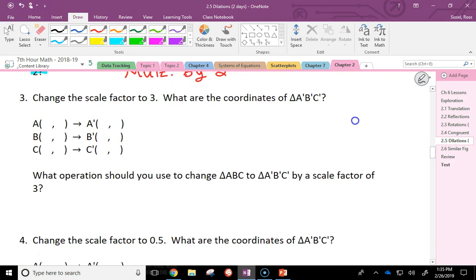So if I look at number 3, to be honest, I shouldn't have had to even use my computer. I should have been able to save time. What would be my new coordinate points if my scale factor was 3? It would have been 3, 3.